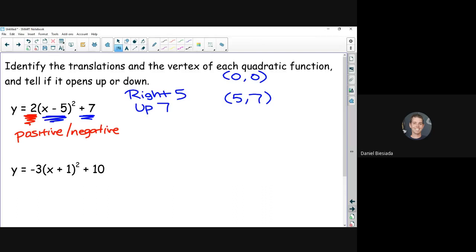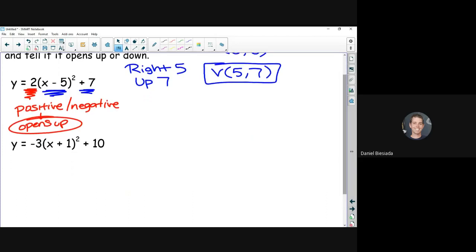But that's a positive. So based on that, this graph is going to open up. If that had been negative, it would have opened down. Our vertex is 5, 7, and it opens up. For now, that's all we're doing. That might be a little hard at first, so let's take a look at another one.